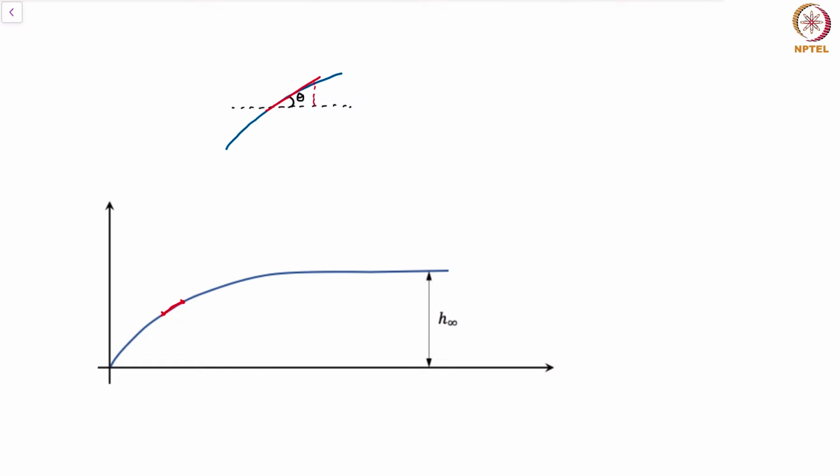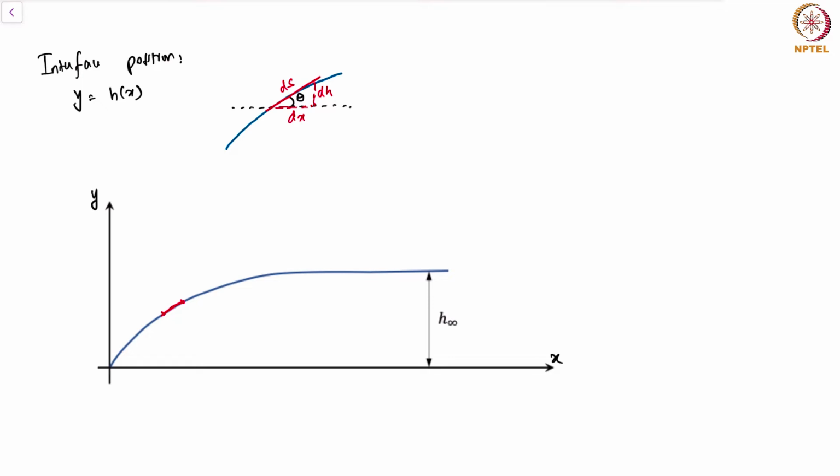So I could define a small triangle here, and I say ds is along the interface, dx is taken along the horizontal, and dh is taken along the vertical, where the interface position is given by y equals h of x, where x is my horizontal coordinate and y is my vertical coordinate.